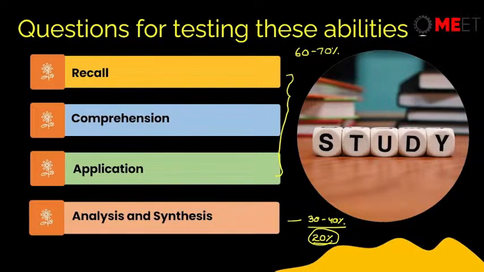So try to understand, focus first on these first three different types of questions, then go for analysis and synthesis type of questions. That will ensure your qualifying in the GATE examination, and at the same time your score will be improved even if you solve this 20% of the questions.